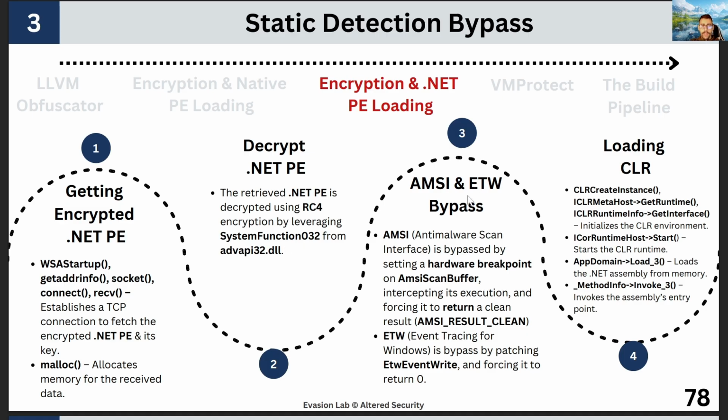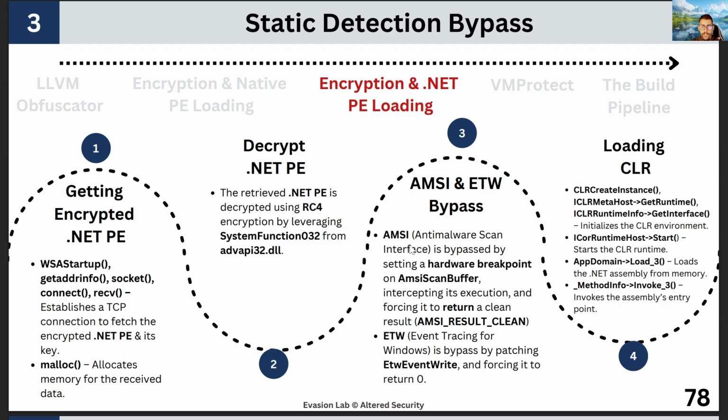The third step is the AMSI and ETW bypass. To evade detection, the code bypasses both AMSI, the Antimalware Scan Interface, and ETW, Event Tracing for Windows. For the AMSI bypass, AMSI is used by Windows Defender and other security products to scan scripts and executables for malicious static detection.